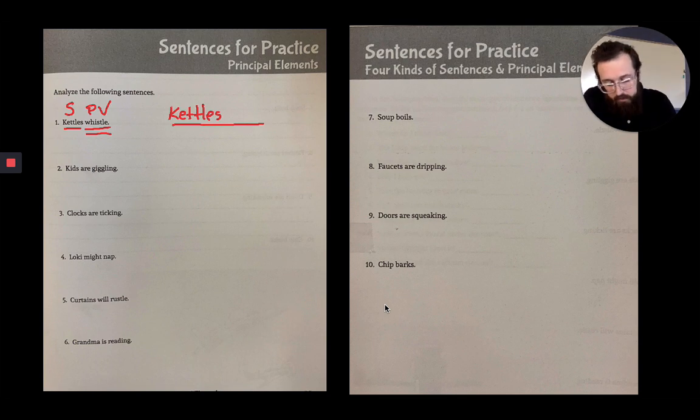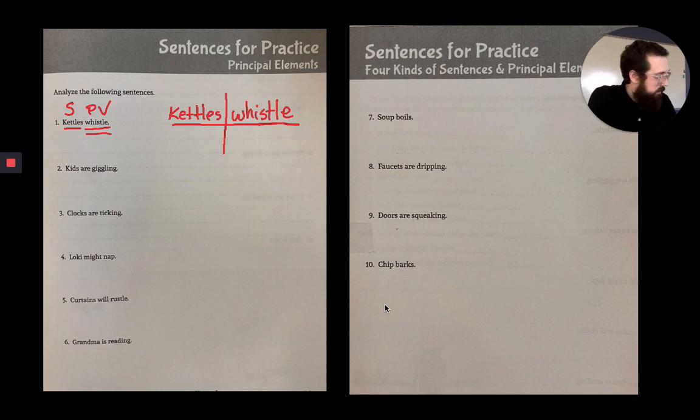After I've done that, I'm going to draw a vertical line that goes perpendicular to my baseline, and my predicate is going to go right after that. So, whistle. And that's a diagrammed sentence. I always end up needing to draw a little bit more of my baseline, and that's okay.